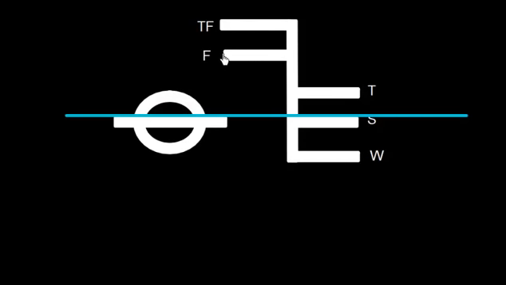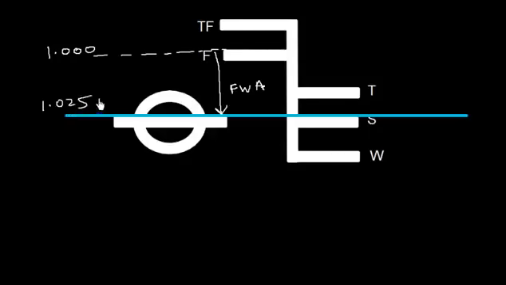The distance between the F mark, which is the top edge mark always, and the S mark, which is also the top edge mark, is nothing but fresh water allowance. If we see carefully, when the vessel was loaded up to this freshwater mark, the density was 1. However, when the vessel is loaded up to the S mark, the density is 1.025.